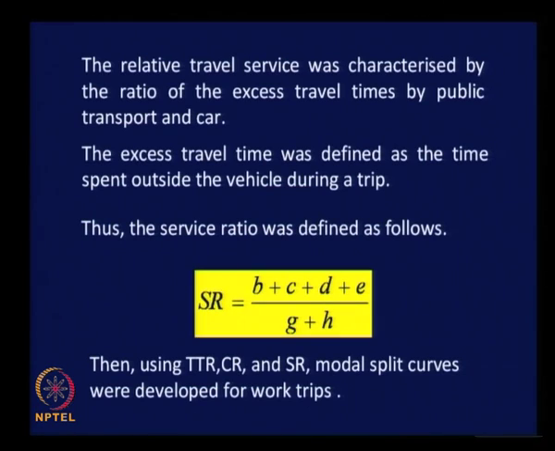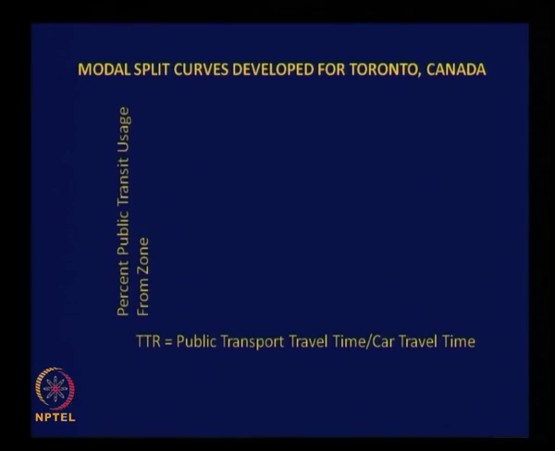So that is what they did, and this is how the curve was developed, taking TTR along x axis and percentage transit usage along y axis. And of course they consider three service ratios.